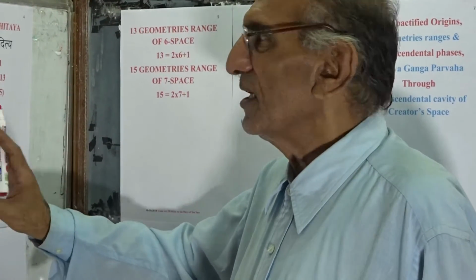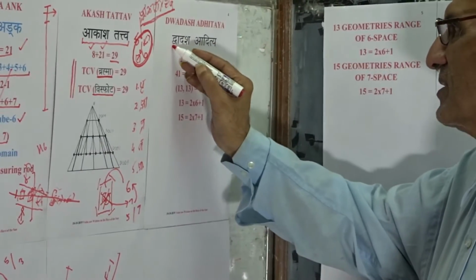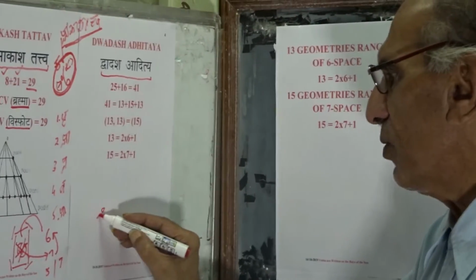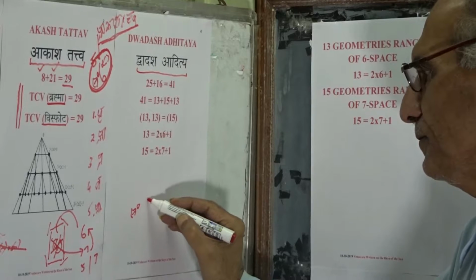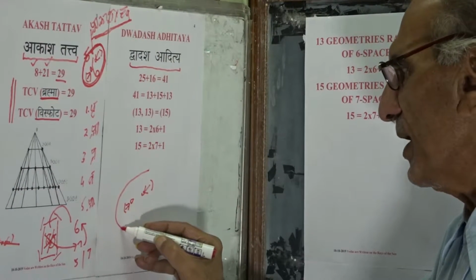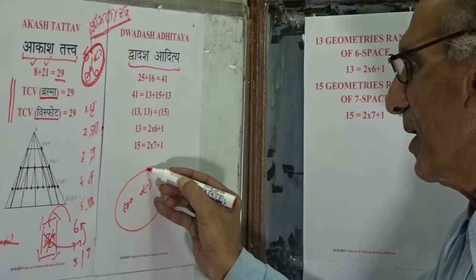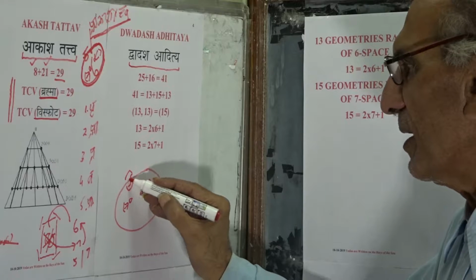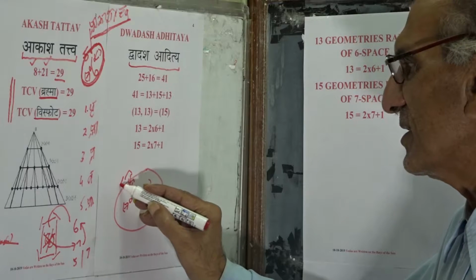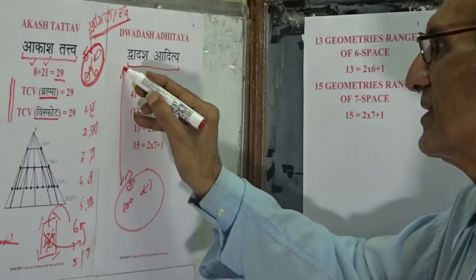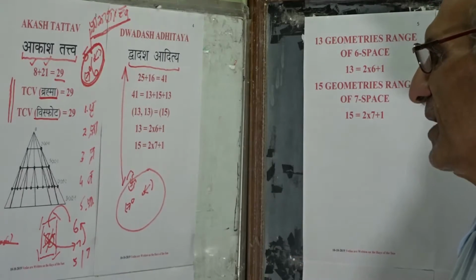First feature is that this makes Dwadas Adityas, these 12 boundary components, as transcendental boundary, means there are 12 transcendental boundary components, and these transcendental boundary components will be making Dwadas Adityas formates.